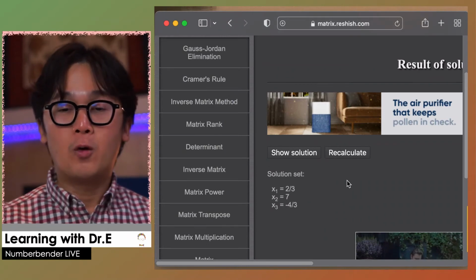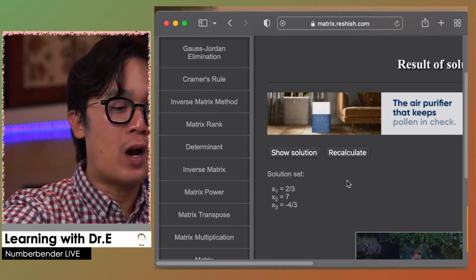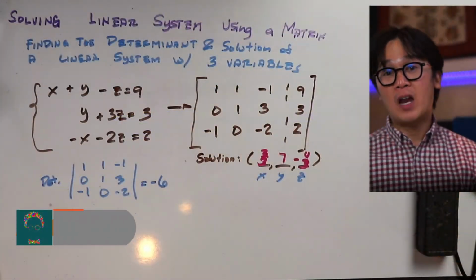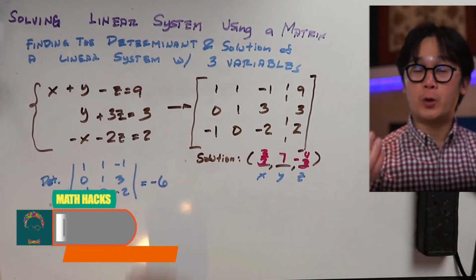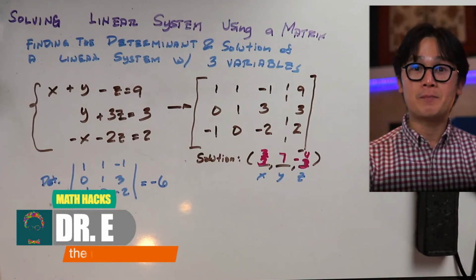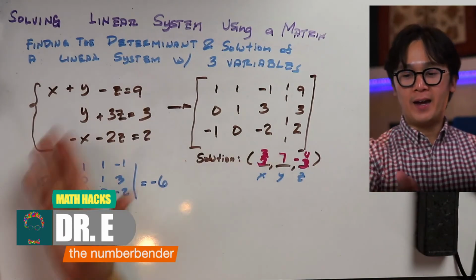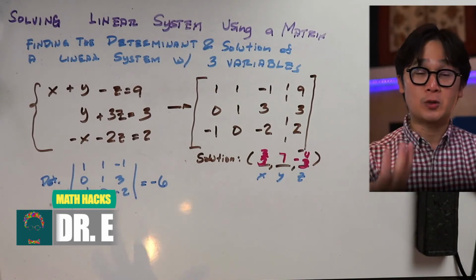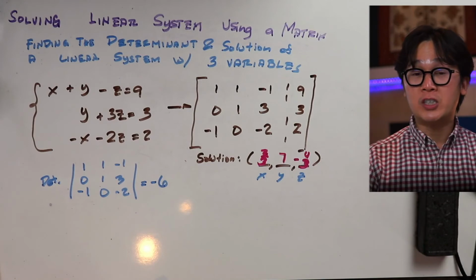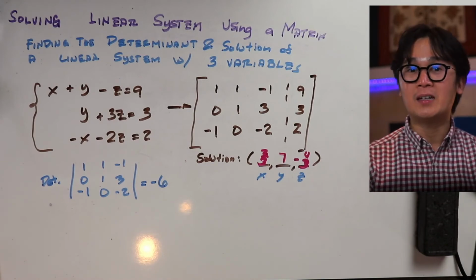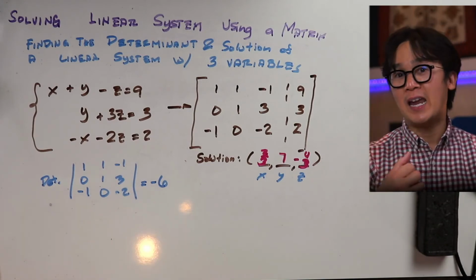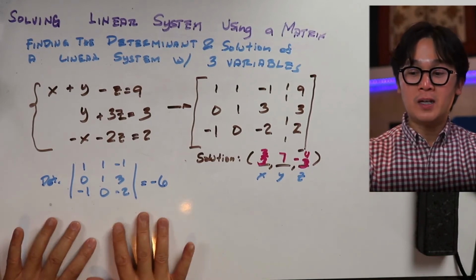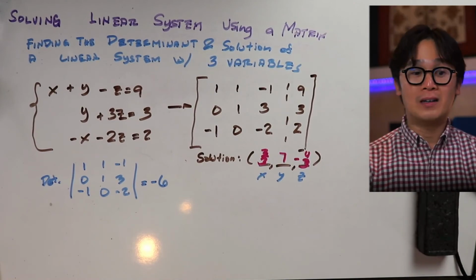And again, we're using this because we want to show you that we can verify if our Cramer's rule or your Gauss Jordan elimination method is correct by using the application. But again, as I'm always telling my students, it's okay to use technology, but we cannot be too dependent, and we cannot just use technology without understanding how the math works in producing the determinants and the solution of our linear system.